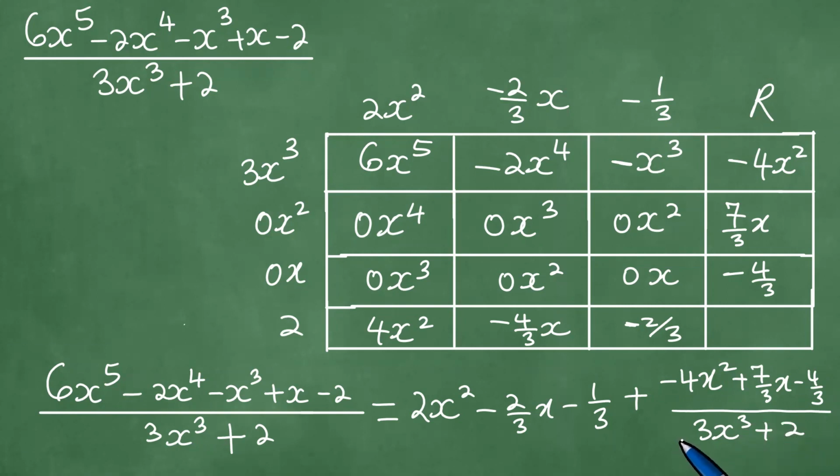So if you perform this division, the result is 2x squared minus 2 over 3x minus 1 over 3 plus minus 4x squared plus 7 over 3x minus 4 over 3 divided by 3x cubed plus 2. So this is the answer. We have performed the division and we are done.